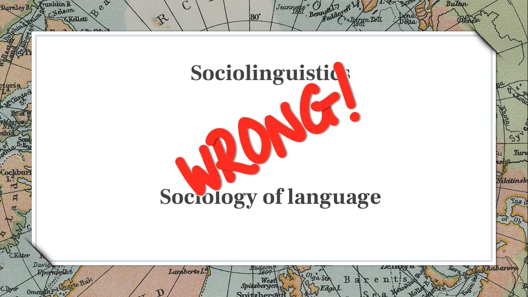Both sociolinguistics and the sociology of language talk about the relationship between society and language. But the focus here is very different. Sociolinguistics is a part of the linguistics field, so the focus will be on language. The sociology of language is a part of sociology, the social studies, which means that they pay more attention to people rather than language.